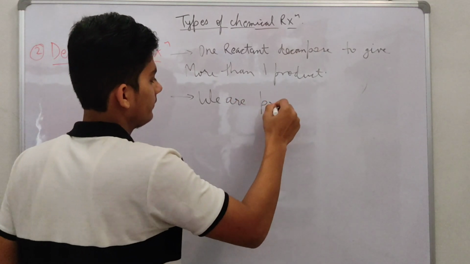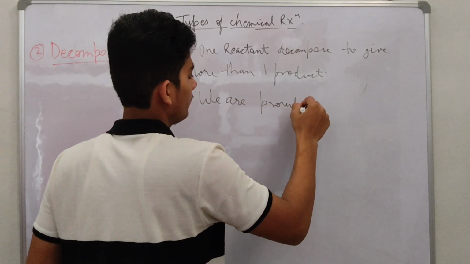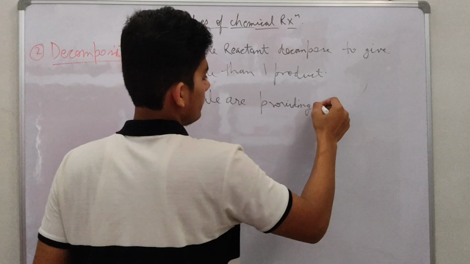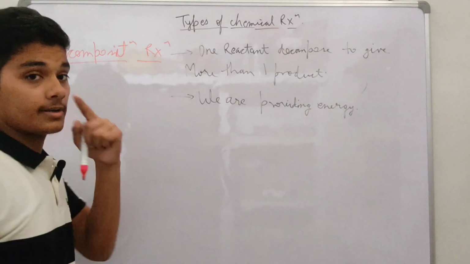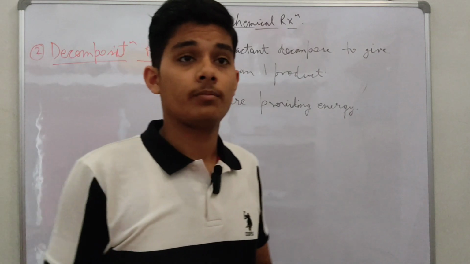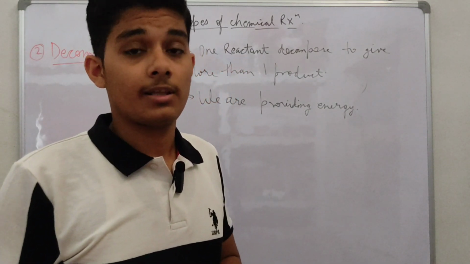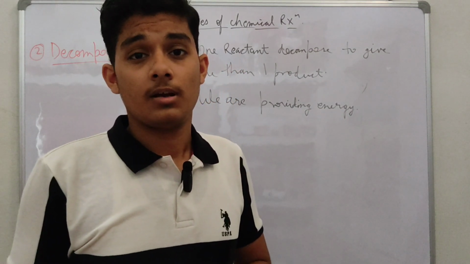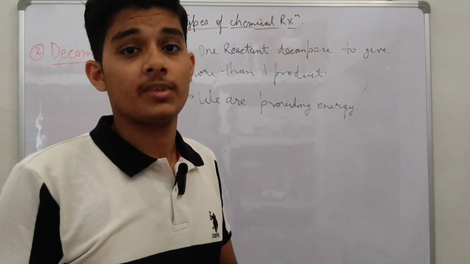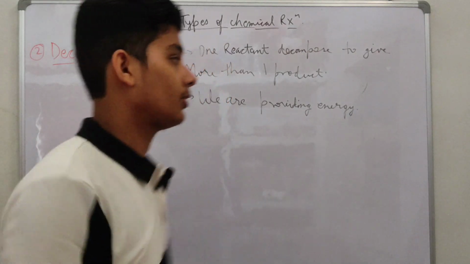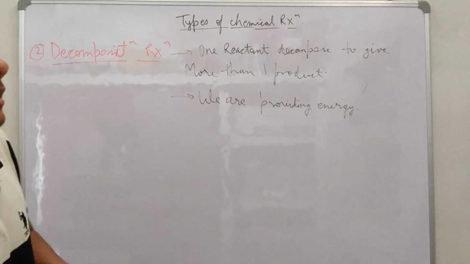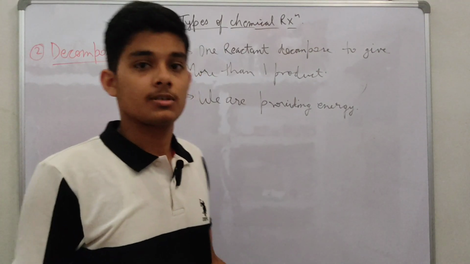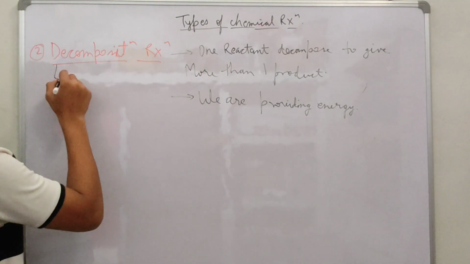Energy can be provided in many ways. There are basically three ways to provide energy: number one, light; number two, heat; and number three, electricity. The decomposition reaction in which we use light as an energy source is called light decomposition reaction.